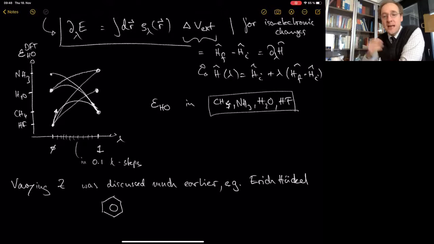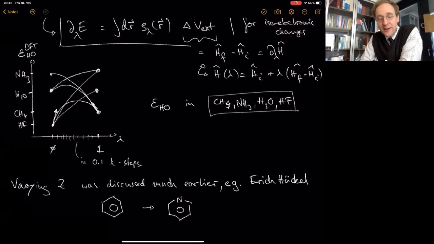You get the MO diagrams of your pi electrons, and the effect of changing benzene to pyridine was already discussed by Hückel. And so now we're talking the 30s of last century. So this idea is nothing new.